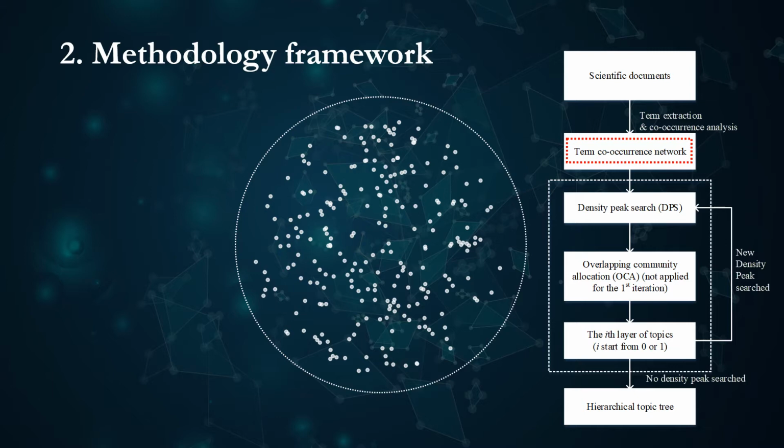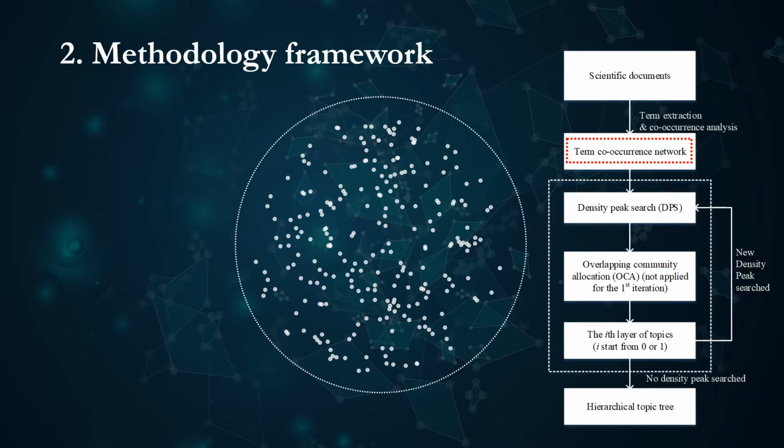After that, we develop two algorithms, which are respectively the density peak search algorithm and the overlapping community allocation algorithm. The density peak search algorithm is used to identify cluster centers, and overlapping community allocation is used to assign terms into appropriate clusters.